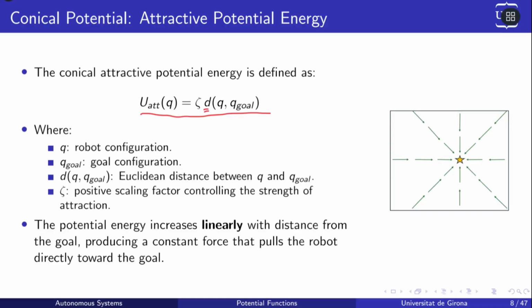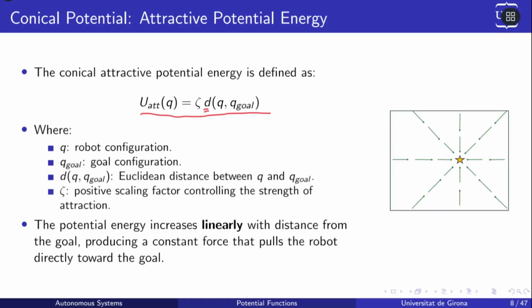Remember, in the bug algorithms, we were assuming all the time that we know more or less where the robot is and where the goal is. Therefore, it's easy to compute the bearing towards the goal and also the distance to the goal. These are the two main things that we need to compute in bug algorithms: how close or how far I am from the goal, and which is the direction to the goal.